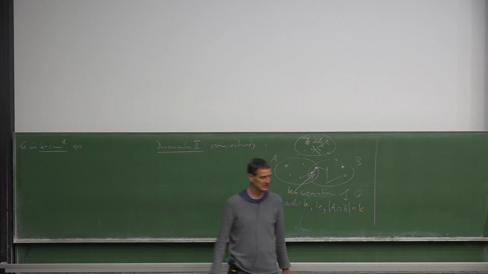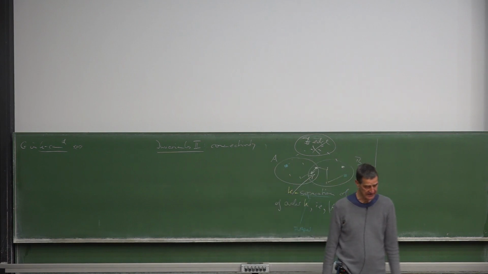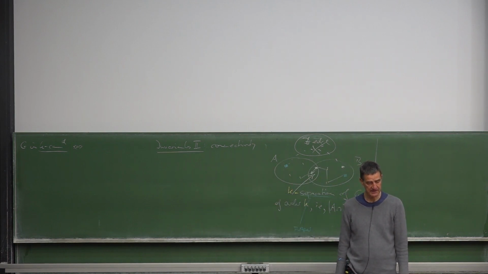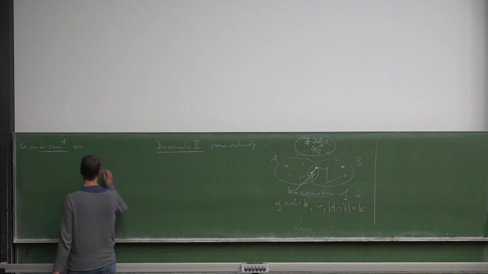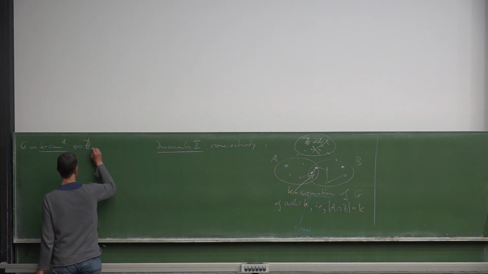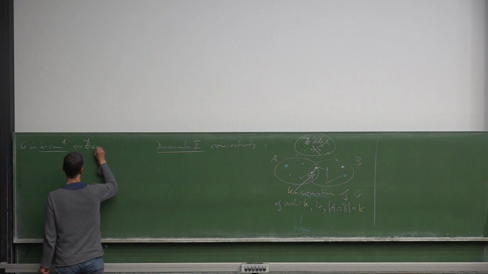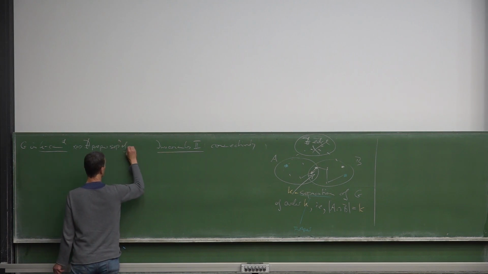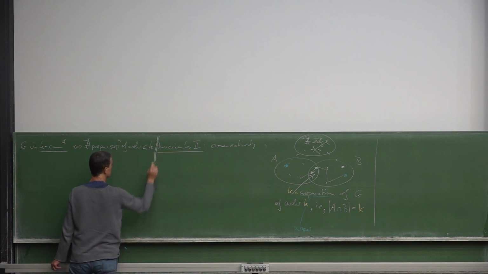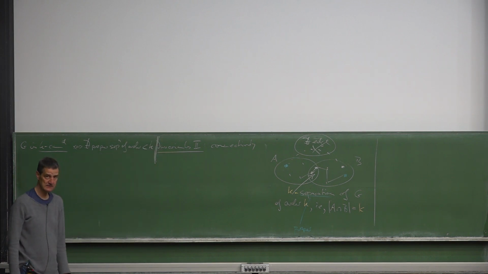So, G is K connected if there's no proper separation of order less than K.